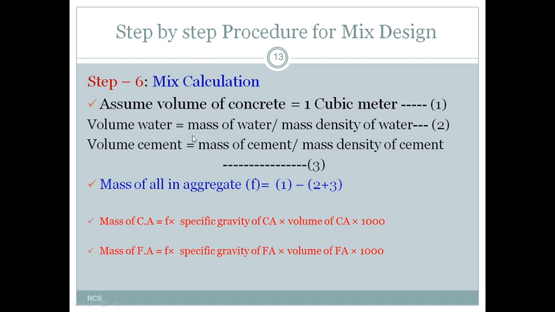From that, the volume is mass divided by mass density of that material. So the volume of water equals mass of water by mass density of water. Similarly, the volume of cement equals mass of cement by mass density of cement. Here I am giving some equation numbers.